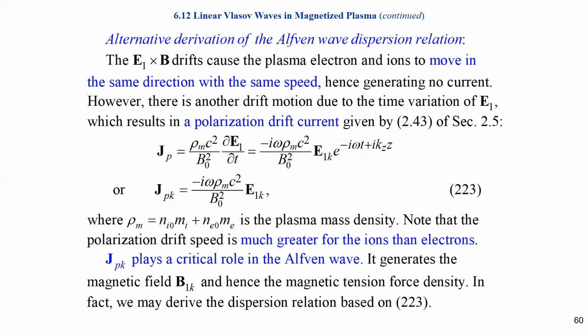We have another alternative derivation of the Alfvén wave, so maybe you can derive the Alfvén wave by yourself. Here is a simplified version. We start with the E cross B drift. So this page you can derive by yourself.